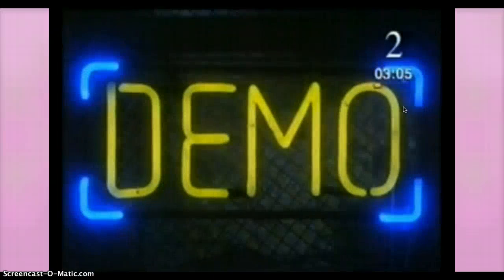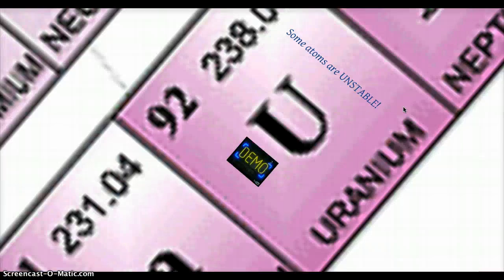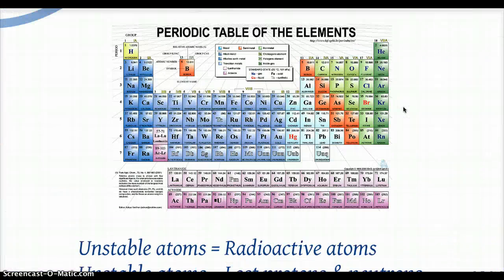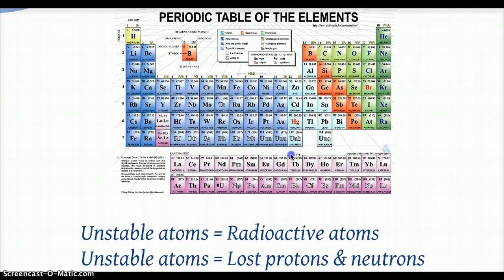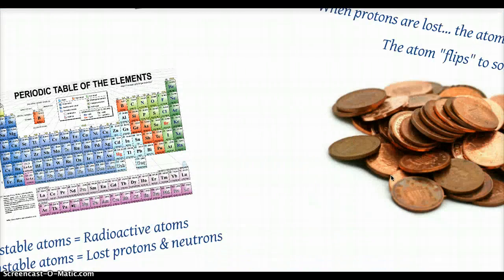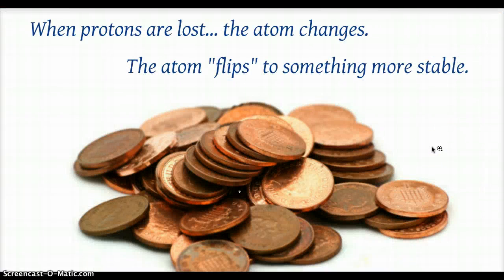So as you look, then, atoms tend to fall apart, at least the unstable ones, they're radioactive. That's what makes them radioactive. So losing protons and neutrons is what makes an atom unstable. Now, how we can use this to help us tell time is right here. When protons are lost, the atom changes. So atoms flip from something unstable to something stable.